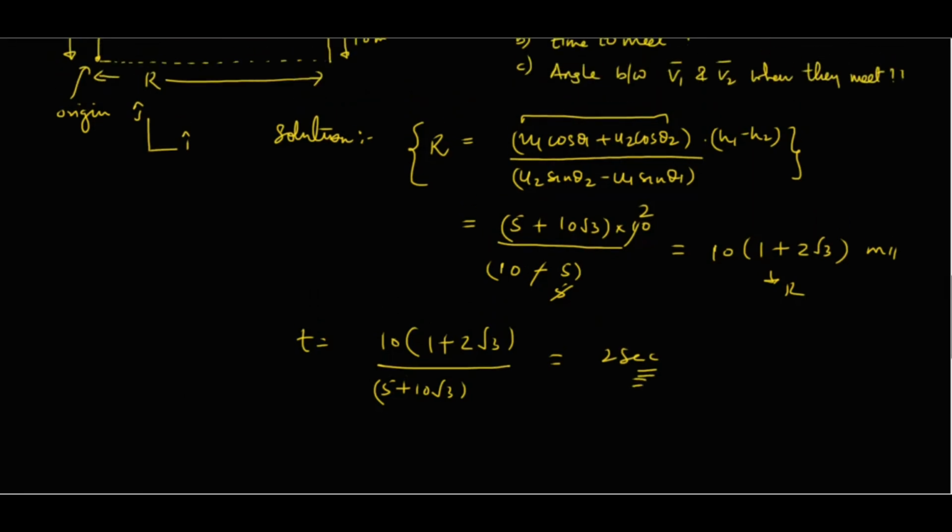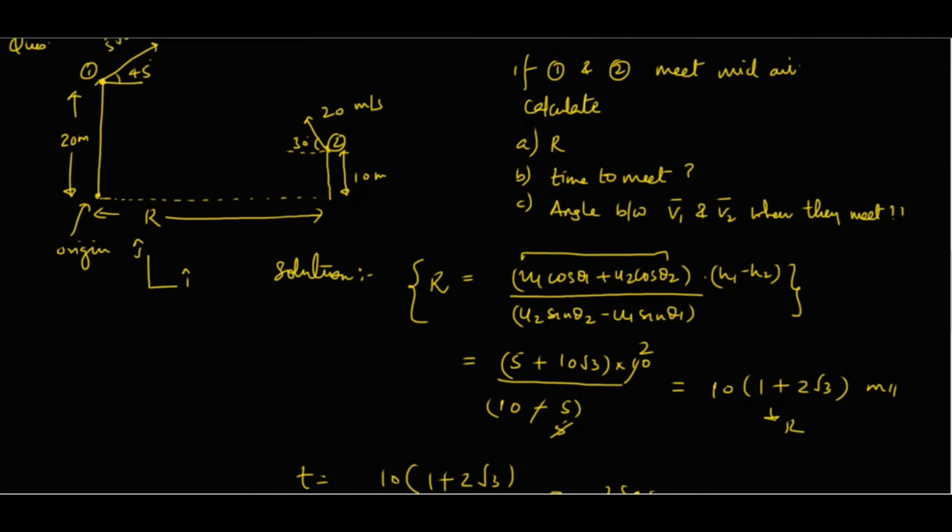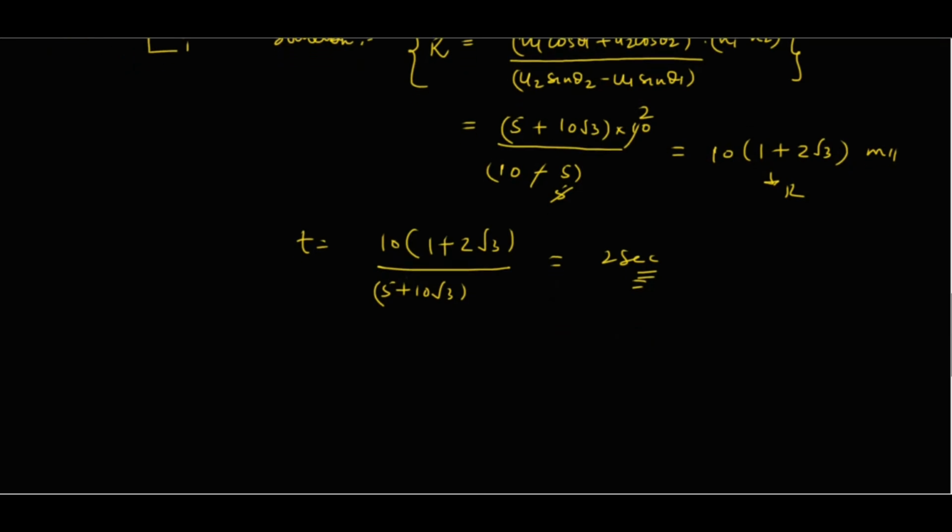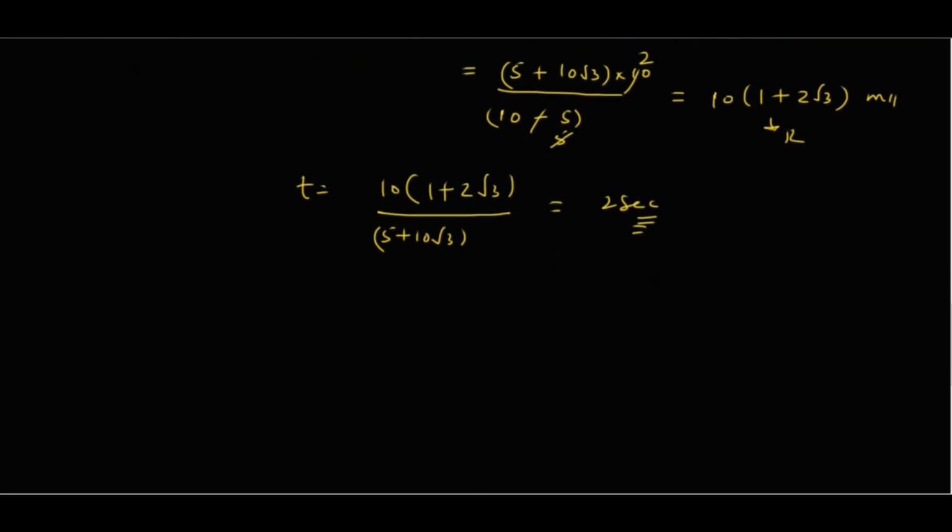Now comes the interesting part. How do you calculate the angle between two vectors v1 and v2? So forget about v1 and v2. If you have any vectors a and b, and we want to find the angle between a and b, we have the dot product rule, right? So a dot b is |a||b| cos theta.